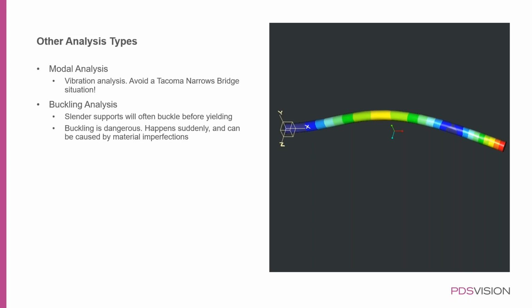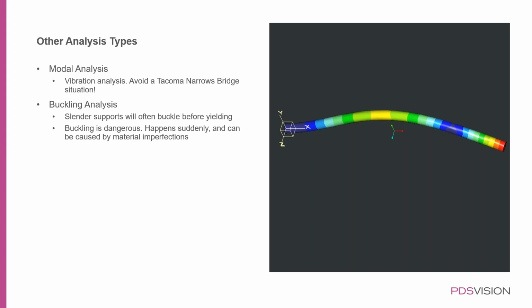So the load is going to be straight up and down, and it's going to be compressive, pushing downward in the case of the support. Anytime you are simulating those types of situations, you are going to want to take buckling into account. Buckling is a separate failure condition.